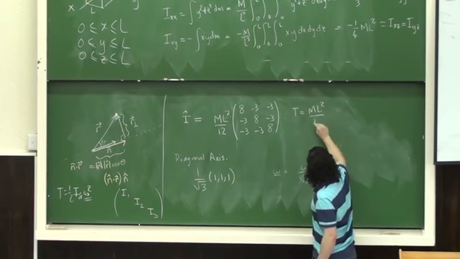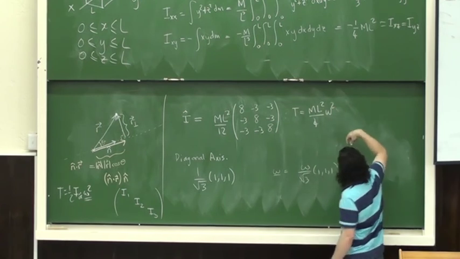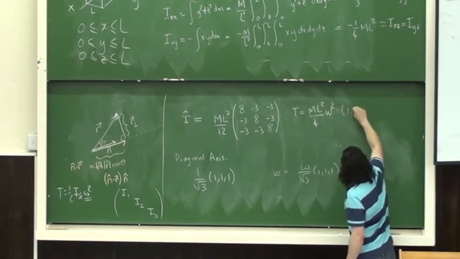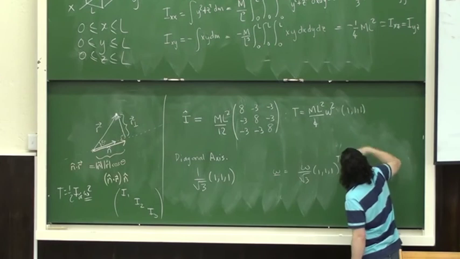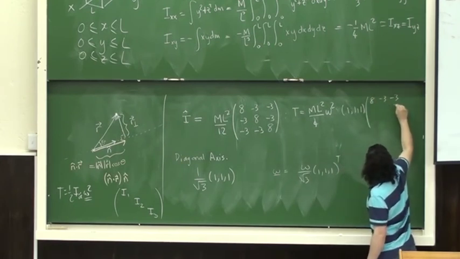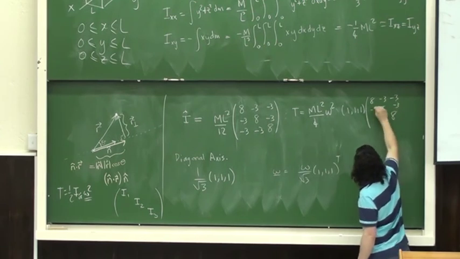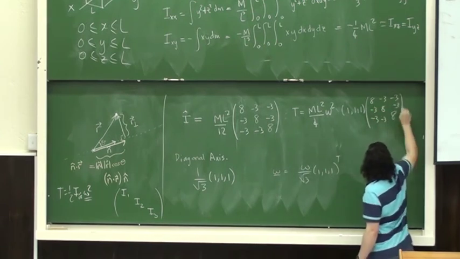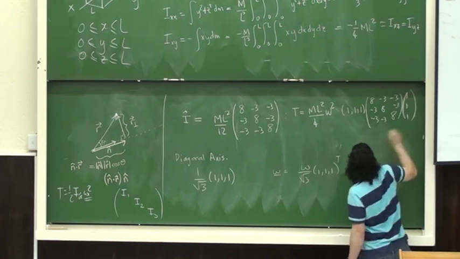So it can look like ml squared over 4, omega squared, (1, 1, 1), this matrix, 8 minus 3 minus 3, minus 3 8 minus 3, minus 3 minus 3 8, and (1, 1, 1).